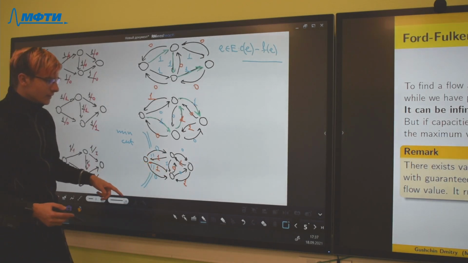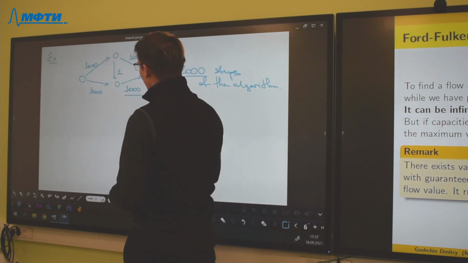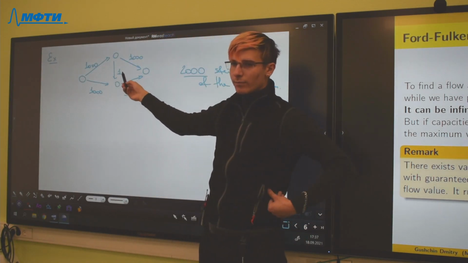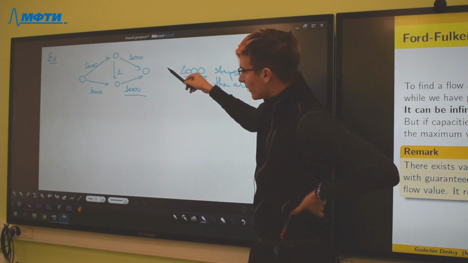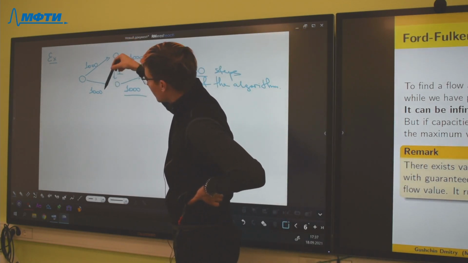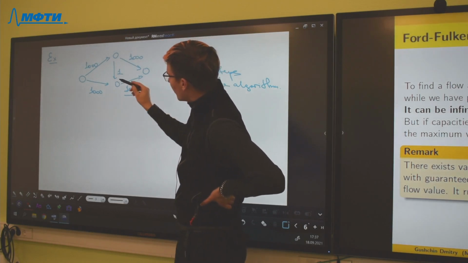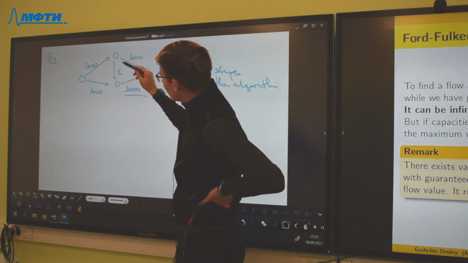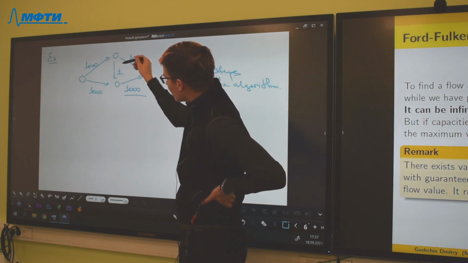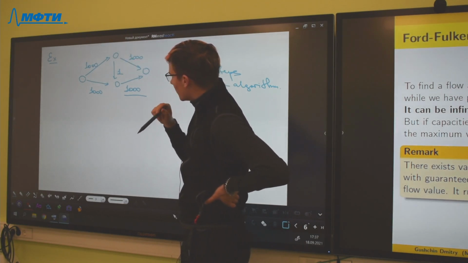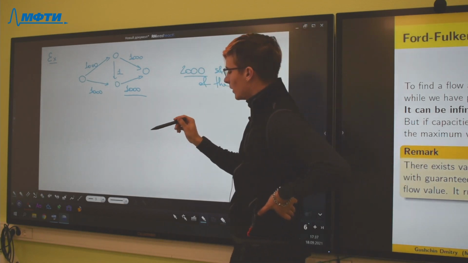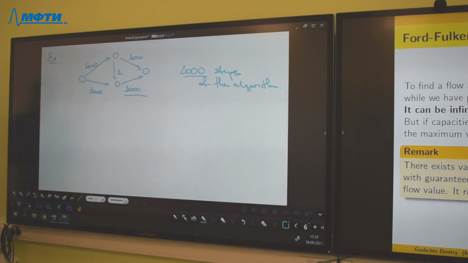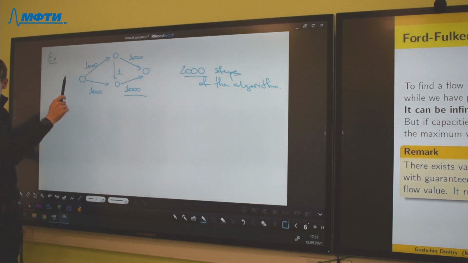And then we can increase only by 1, because the minimal capacity of edges in paths that go through the middle edge is equal to 1.